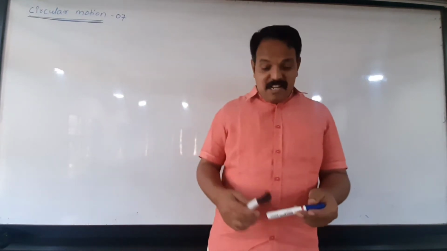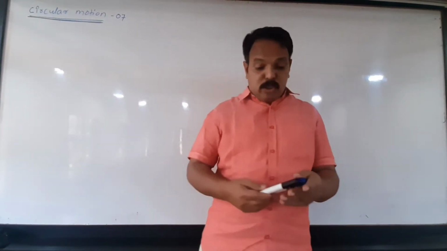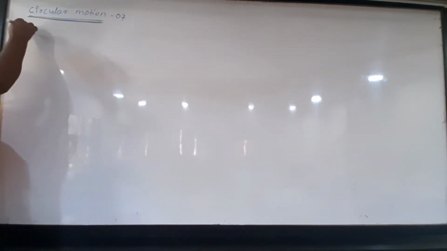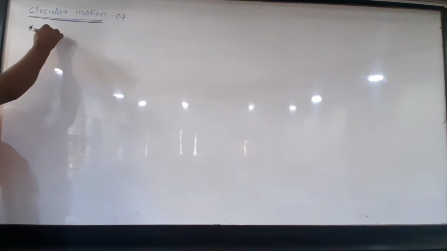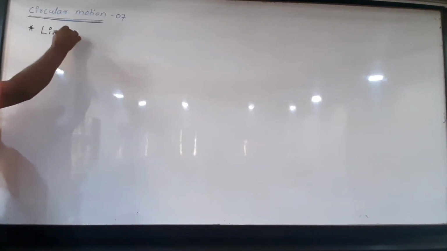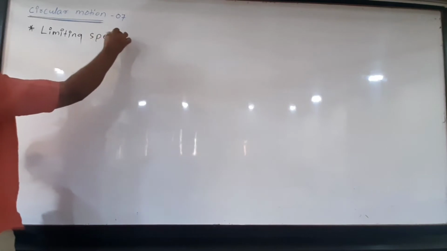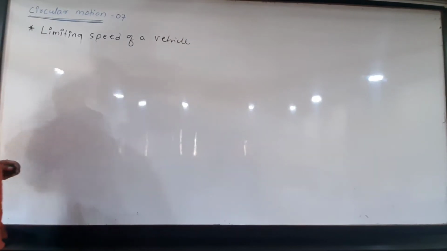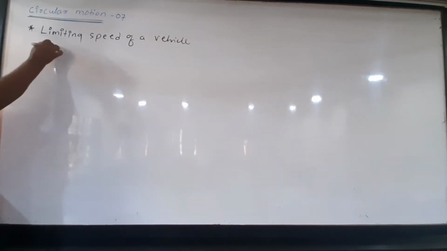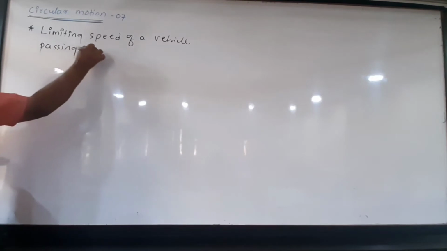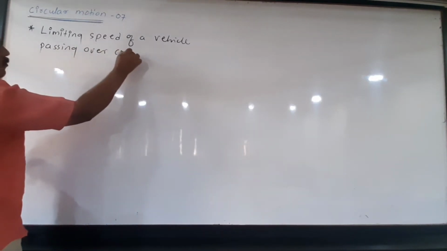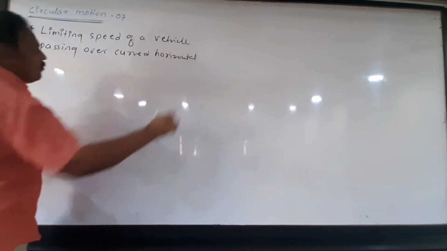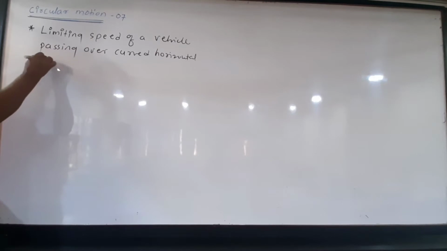Very good morning. Now in this 7th lecture of circular motion, we have to study an important article: limiting speed of a vehicle passing over a curved horizontal road.